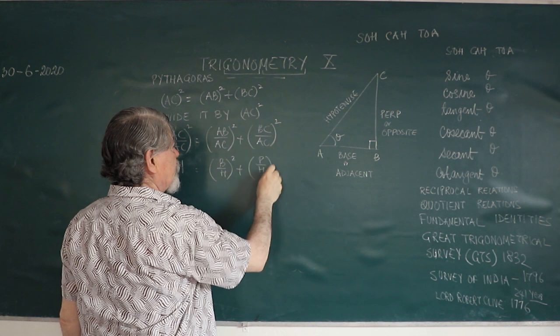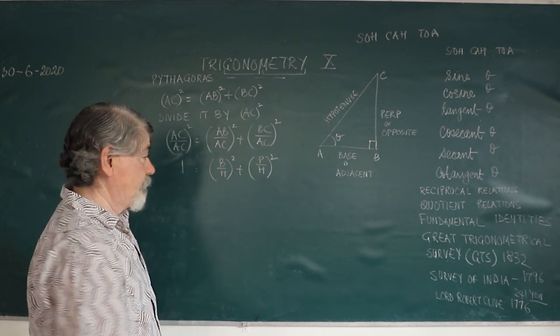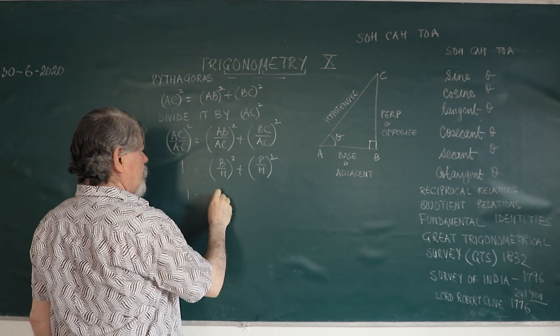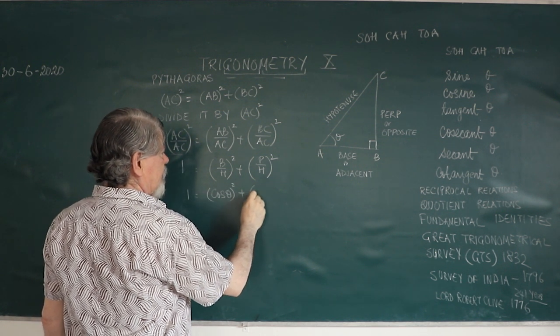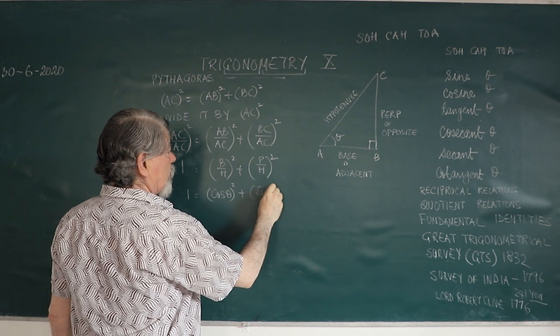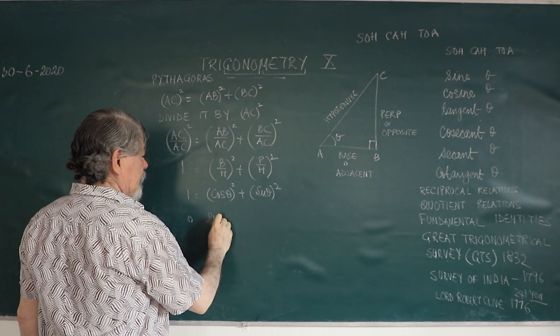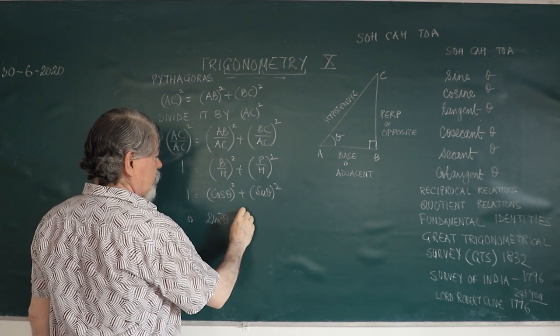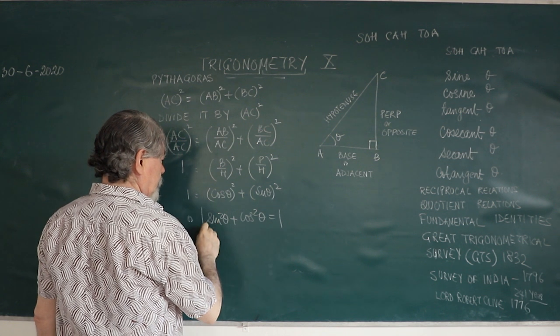Perpendicular upon hypotenuse whole square. So B upon H is what? It will become cos theta whole square, and it will become sin theta whole square. Or I can write sin square theta plus cos square theta is equal to 1.